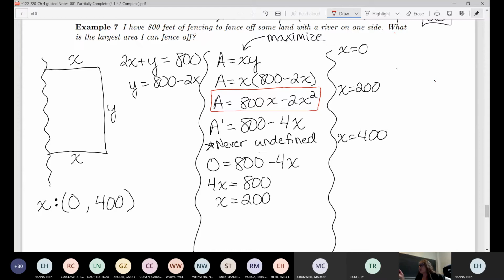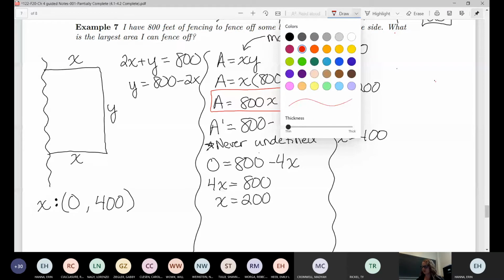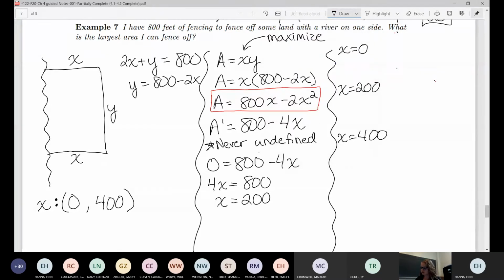Now, I should be careful with original in this context because there's like 5 million different original equations. I need to plug it into the original area equation, but I can take any form of the area equation I want. So I could use x times y, but I would have to find y in each case. I could also use that 800x minus 2x squared, which is what I would suggest doing instead of having to find y in all those cases.